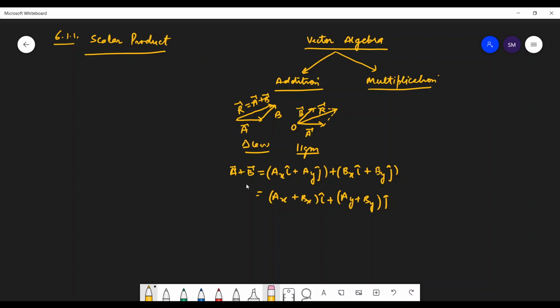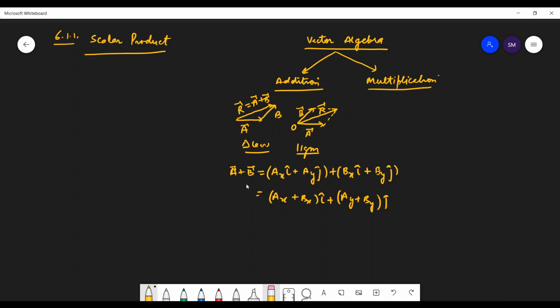Now in case of multiplication of vectors, there can be two things: multiplication, or product, of vectors. Here the resultant was a vector whenever you were adding two vectors, but in case of a product of two vectors, the resultant can be scalar or the resultant can be vector.